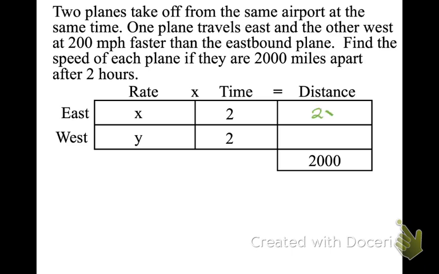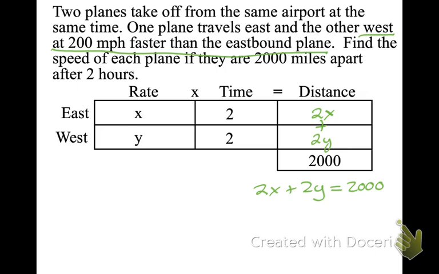I get 2X, 2Y. So equation number 1 is 2X plus 2Y equals 2,000.